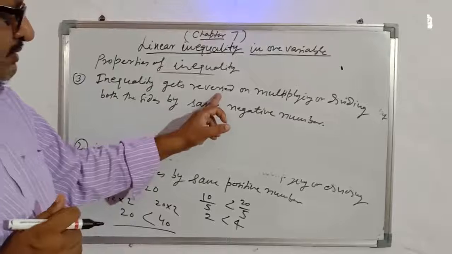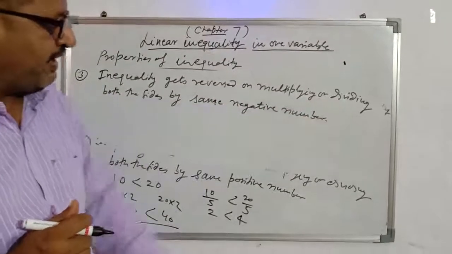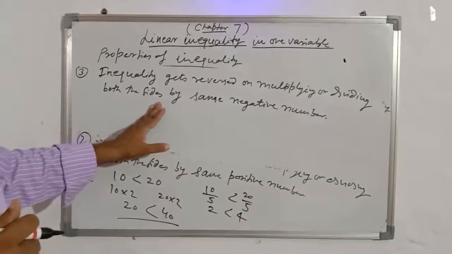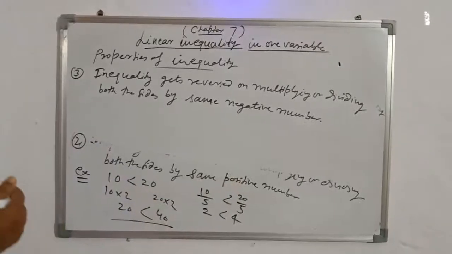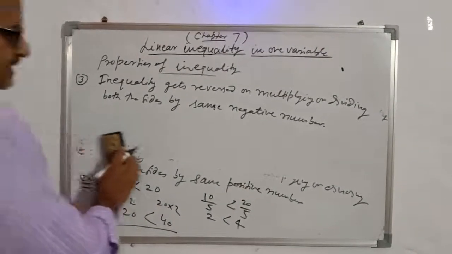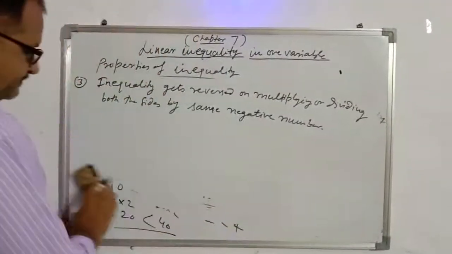Inequality gets reversed on multiplying or dividing both the sides of an inequality by the same negative number. So we can check it with the help of an example.